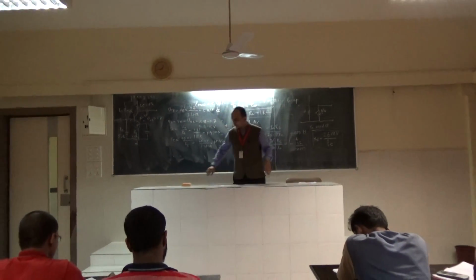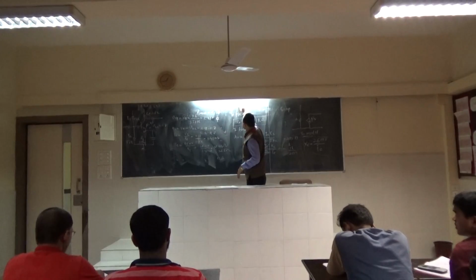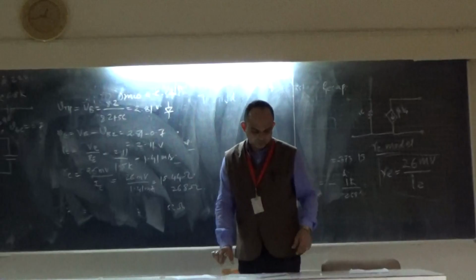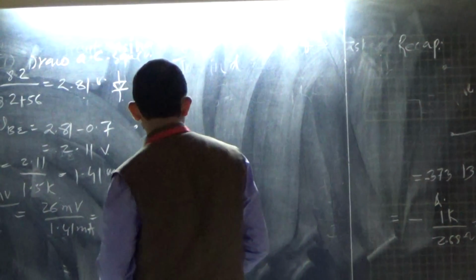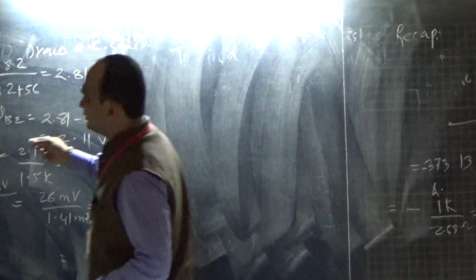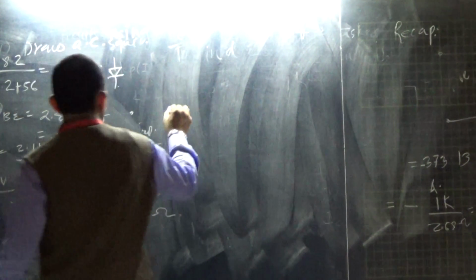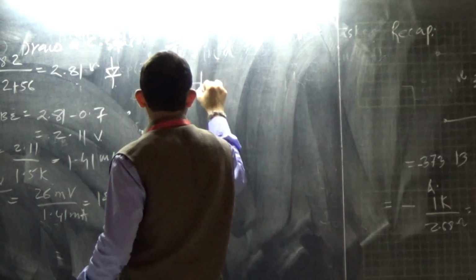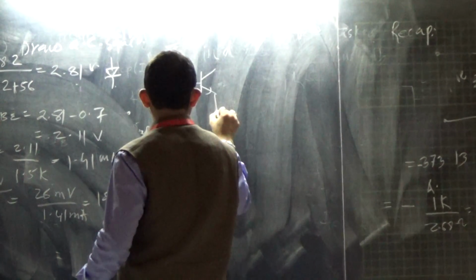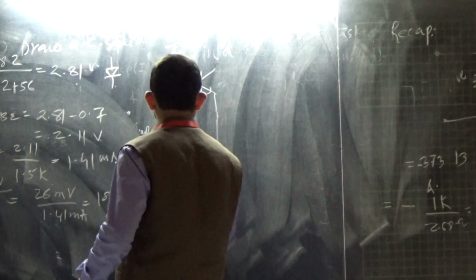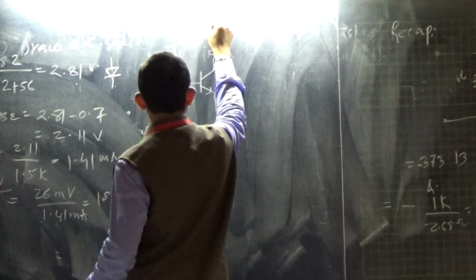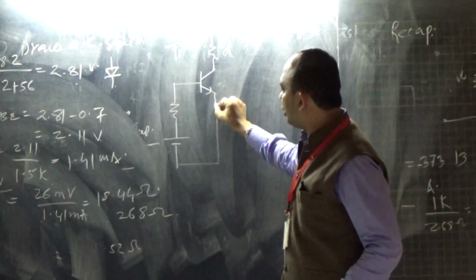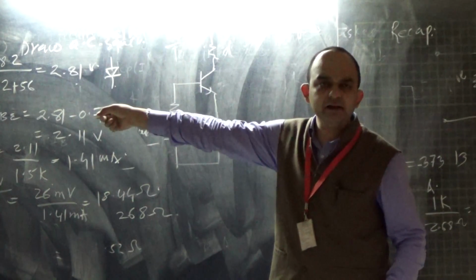Now AC. Why I have shorted this? Why I have bypassed RE?